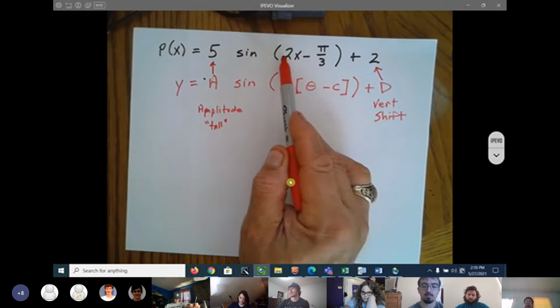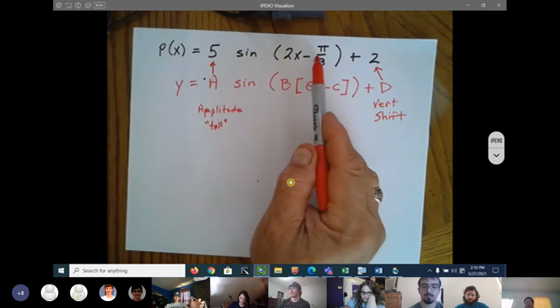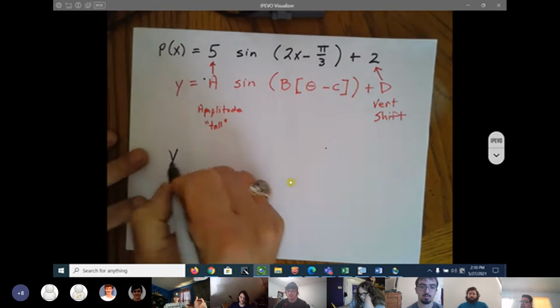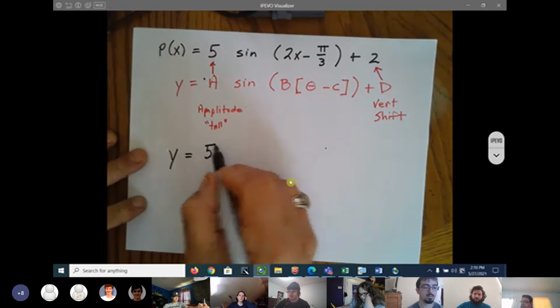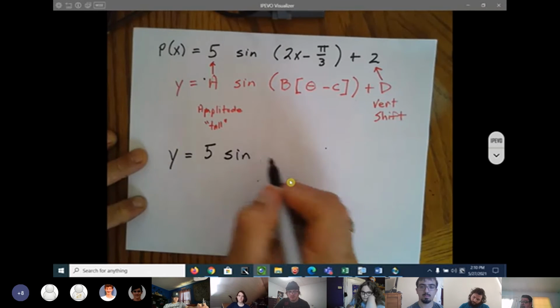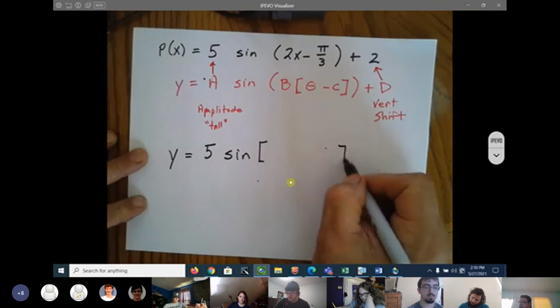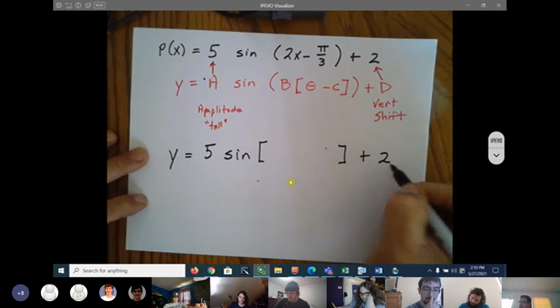Okay, so we can't do the middle because we don't have it in that form. So what you need to do is factor out a 2. I'm going to do that part in a different color. So y is equal to 5 times the sine, and I'm going to put brackets right here, plus 2.